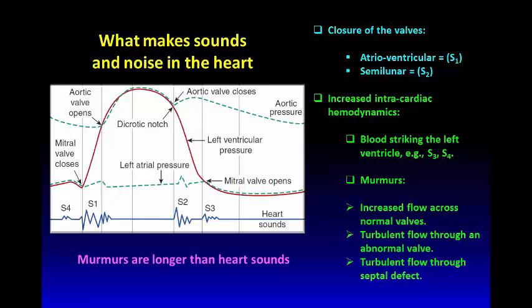And again, these abnormal heart sounds are known as the heart murmurs or the cardiac murmurs, which can be heard when there is increased blood flow across normal valves, or when there is turbulent blood flow through an abnormal valve, or when there is turbulent blood flow through a septal defect.